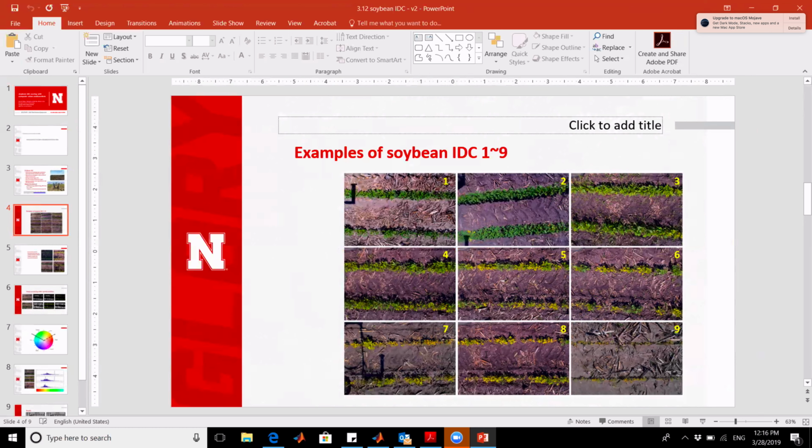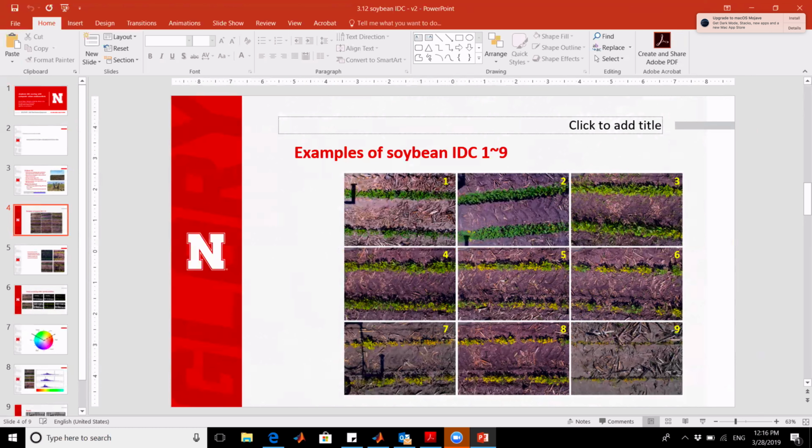But they are V3, V4 stage. That's the reason why you can actually use size, because they are all at roughly the same physiological stage. If you've got a smaller size of the plants, then it is highly likely that it is caused by the IDC, right? And then there are a lot of other stresses here.